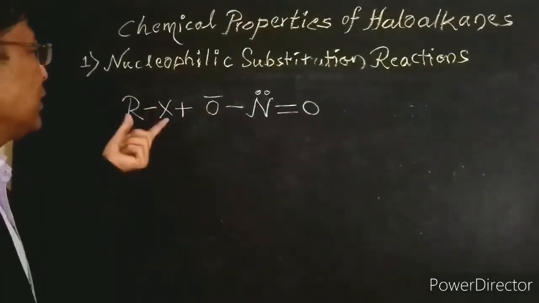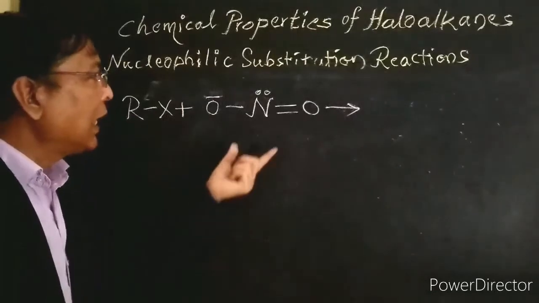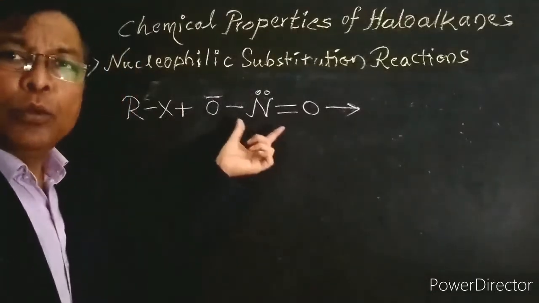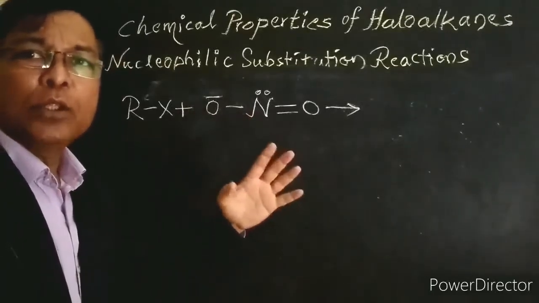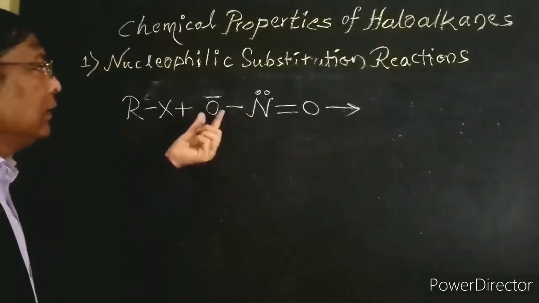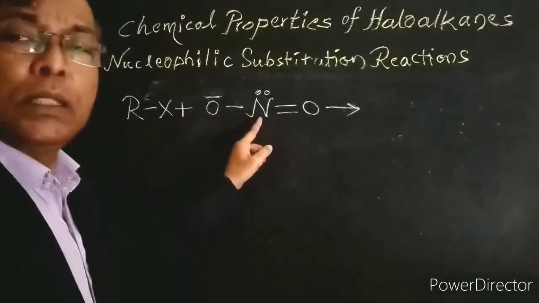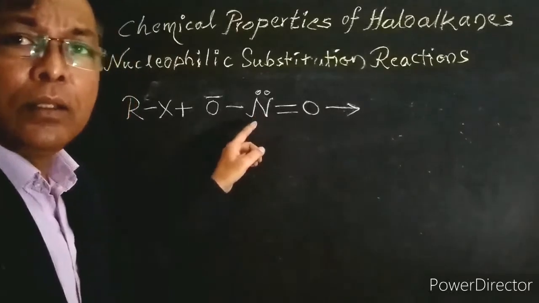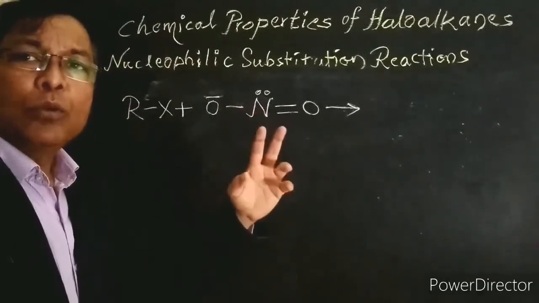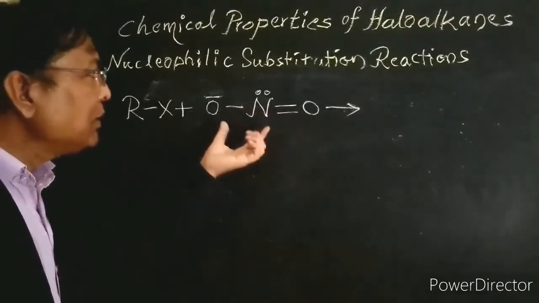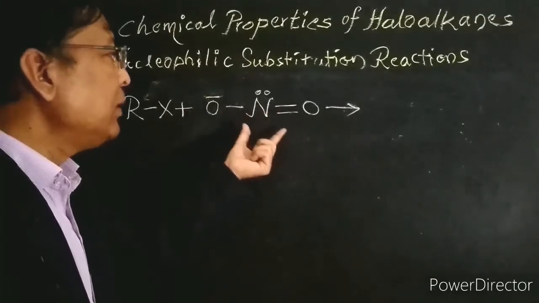If we react alkyl halide with NO2 minus, it has two nucleophilic centers. That means it has two electron rich centers. That is, O minus is also electron rich and nitrogen is also an electron rich center. Therefore, this species has two nucleophilic centers. Therefore, it is an ambident nucleophile.